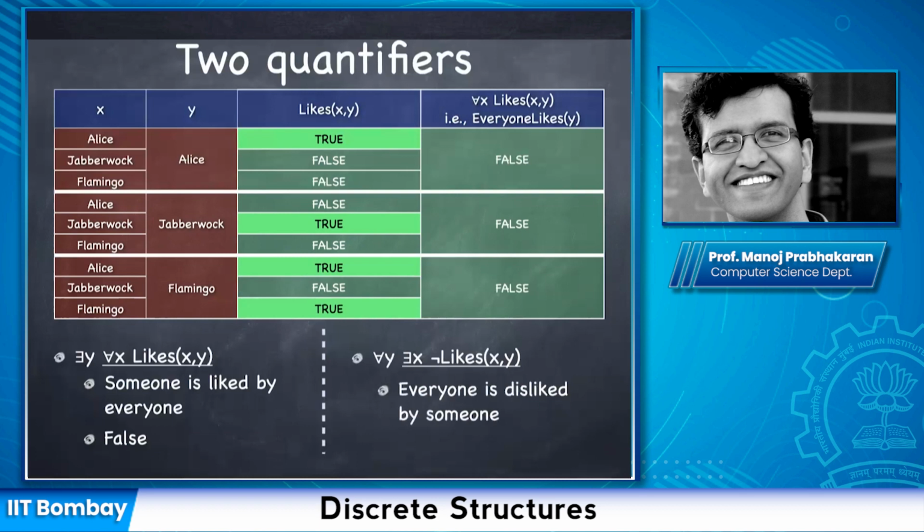And in English, that means for everyone, every y, there is some x who doesn't like y, right? So it's not the case that x likes y. So for everyone, there is somebody who dislikes them. So everyone is disliked by someone. And that happens to be true. So if you build a truth table for that predicate, it'll be just the opposite of this.